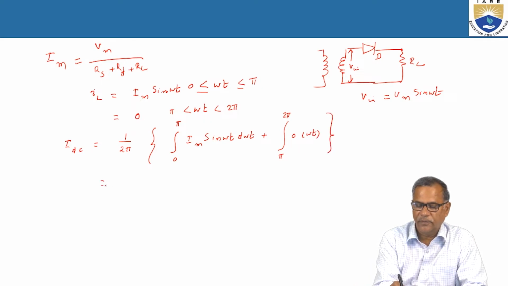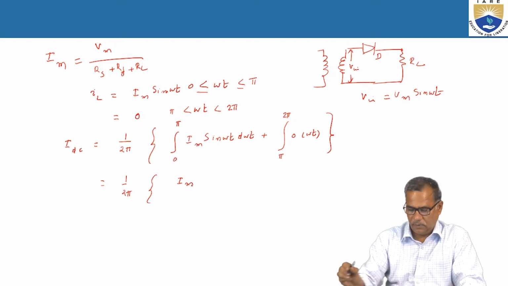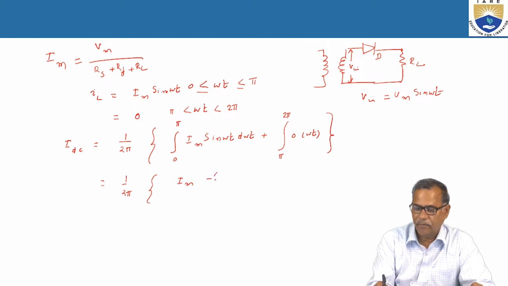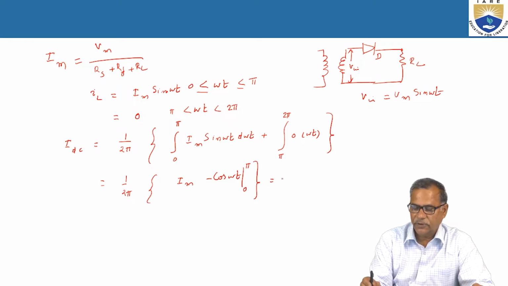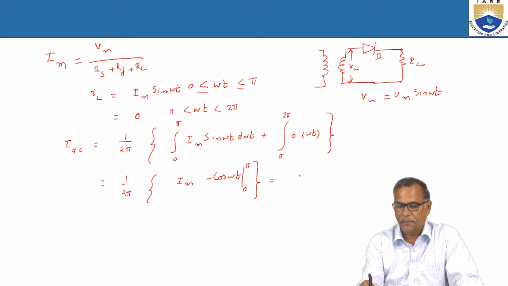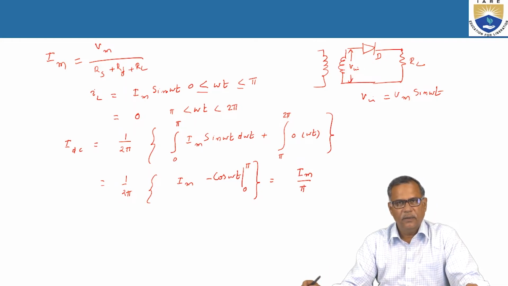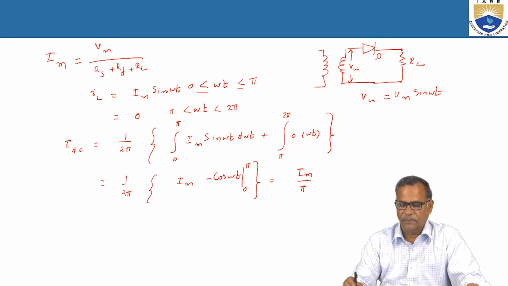So this is equal to 1 by 2 pi times Im times the integral of sine omega t, that is minus cos omega t, evaluated from 0 to pi. This gives us the value Im by pi. So Im by pi is the average DC load current.